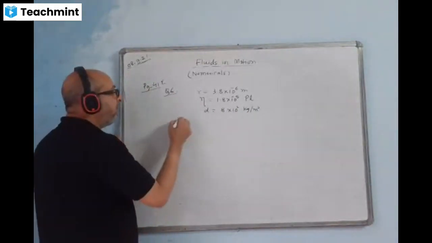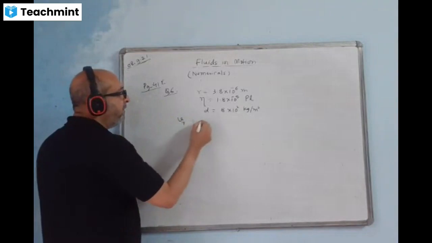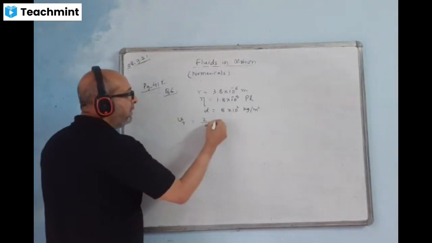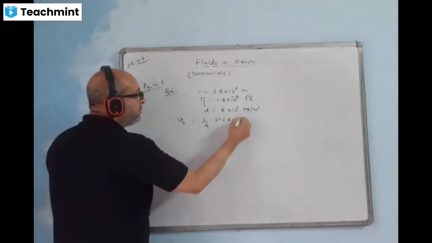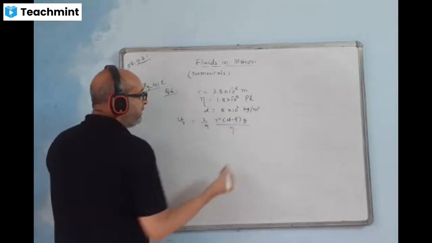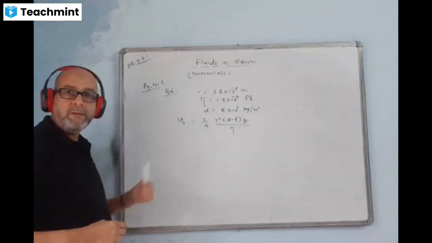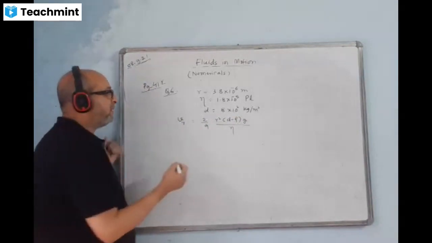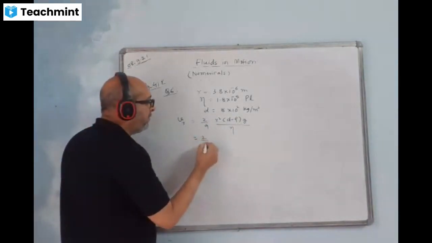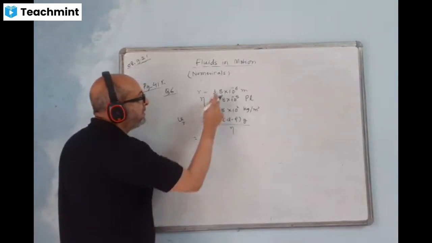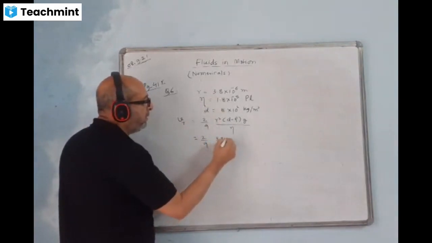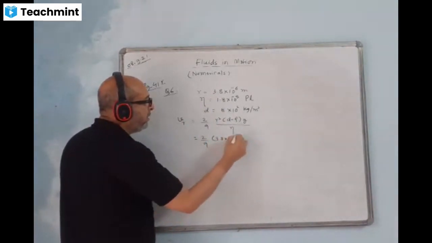You have to find terminal velocity. What is the formula of terminal velocity? Vt equals 2 by 9 r square (D minus rho) g upon eta. This is the formula we had derived in the morning. So now I put the values and find the answer. Very easy, just formula based. 2 by 9, radius is 3.8 into 10 to the power minus 6 square.